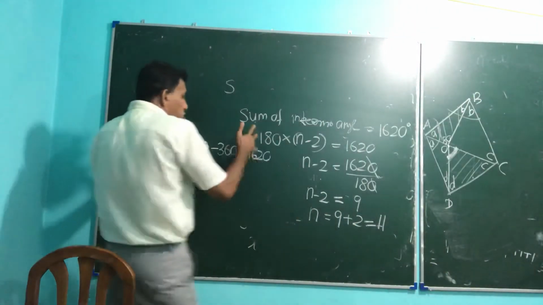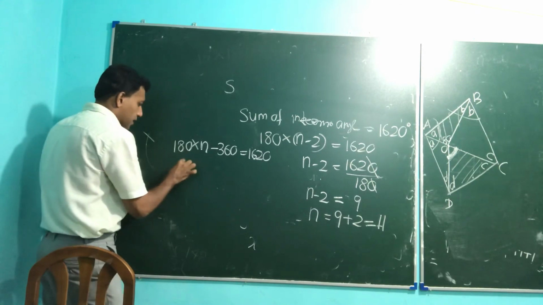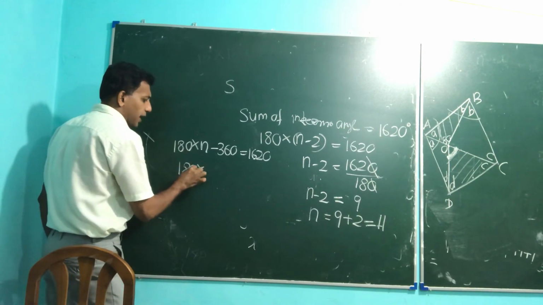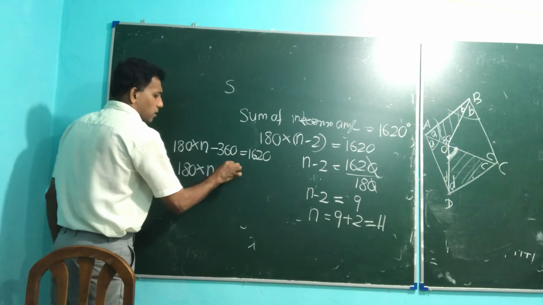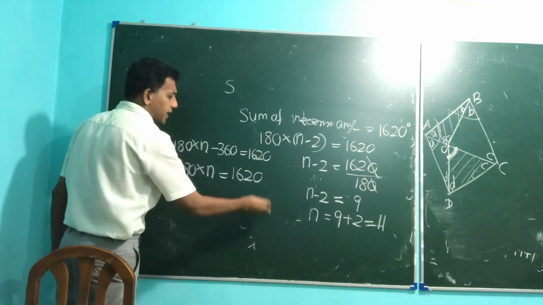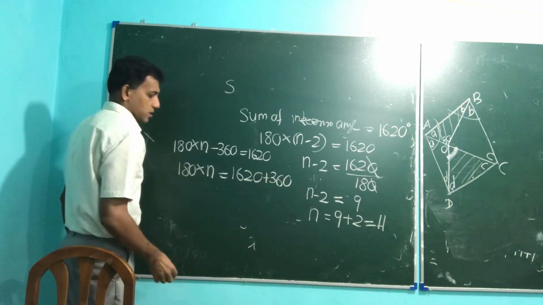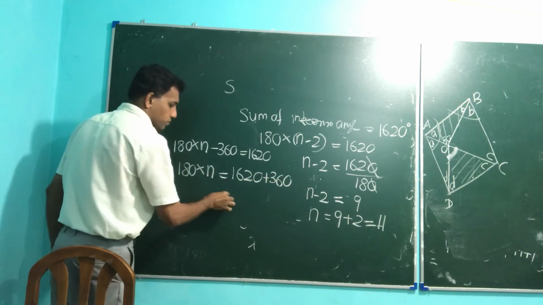This method also can be used. Method 1: 180 multiplied by n equals 1620, take the minus to that side, add these two.